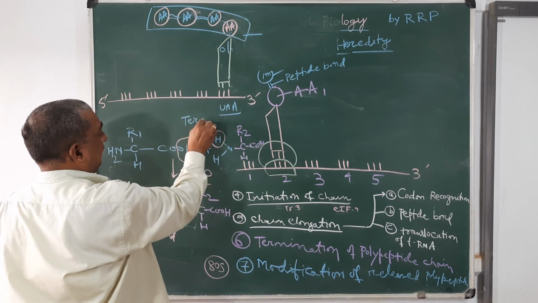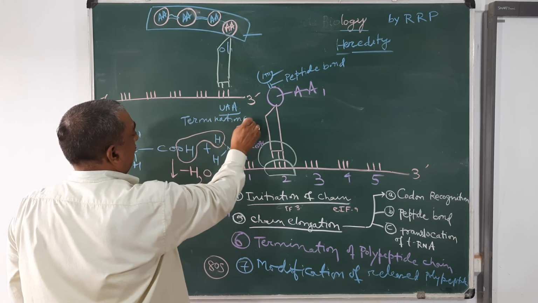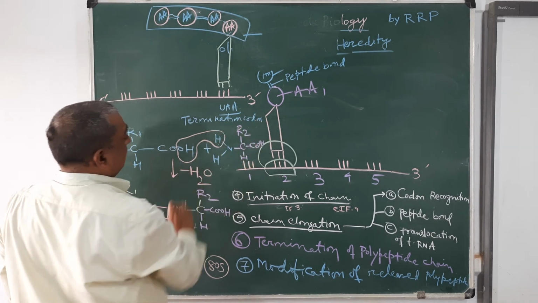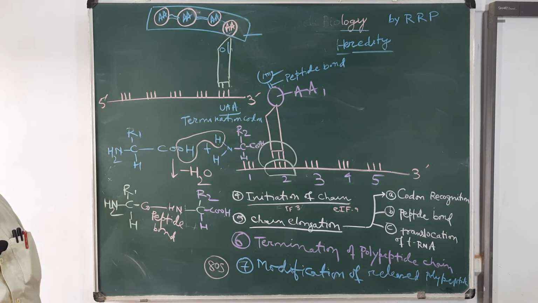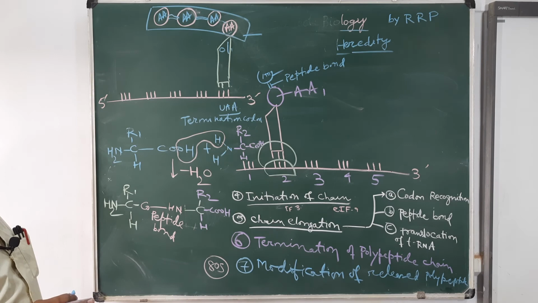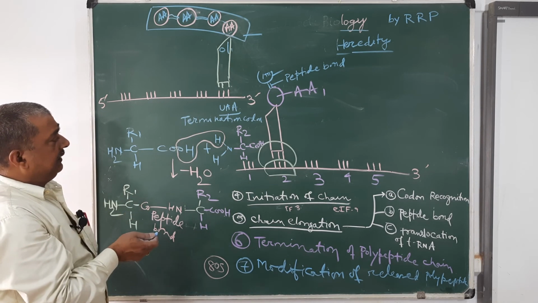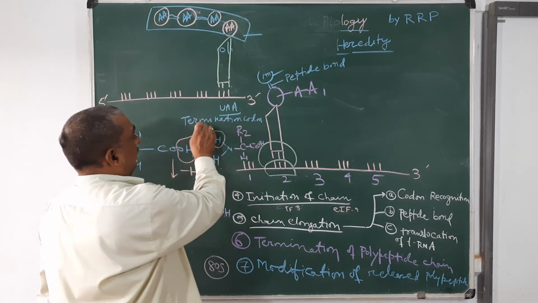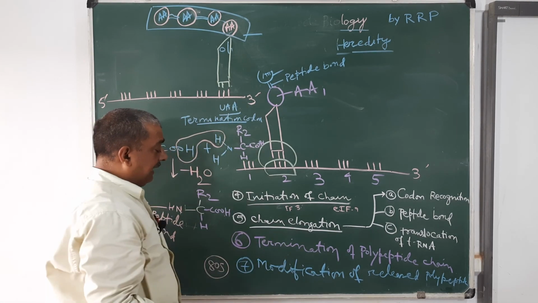There are three termination codons. As a result of the termination codon, tRNA is released from the E site. They enter from the A site, and the polypeptide chain is produced at the P site and released from the E site. So the termination codon is responsible for the termination of the polypeptide chain.